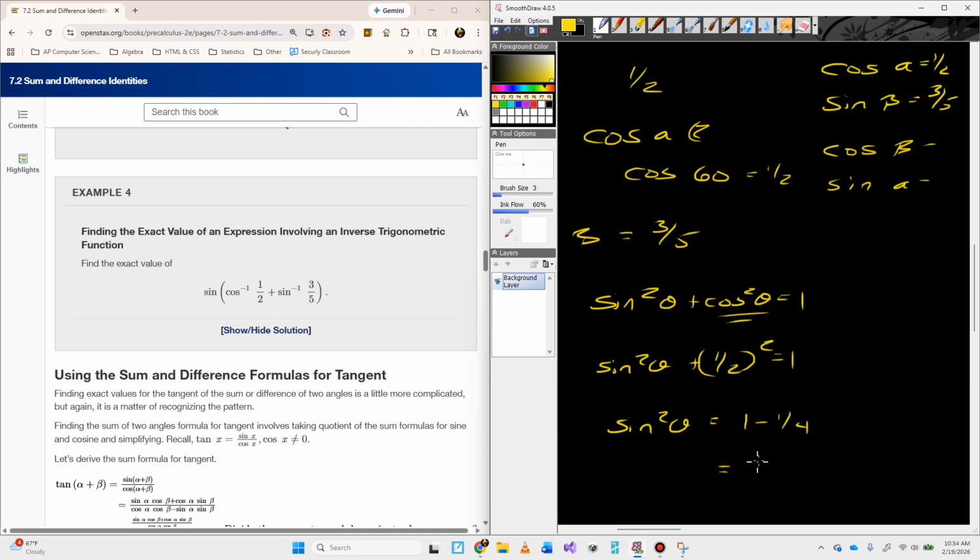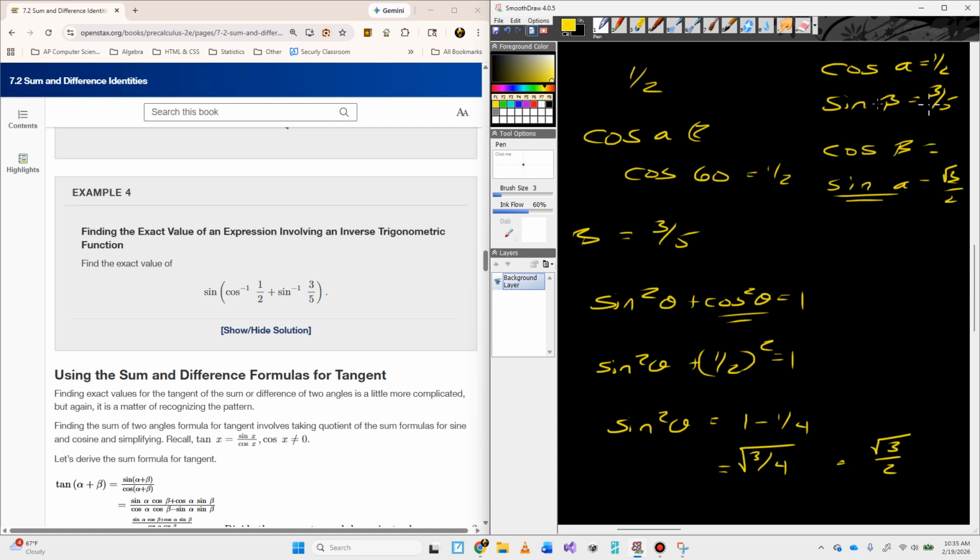This is going to be equal to 3/4. And I take the square root of both sides, and this is going to be the square root of 3 over 2. So sine alpha is the square root of 3 over 2.